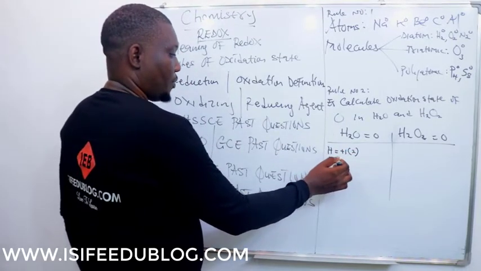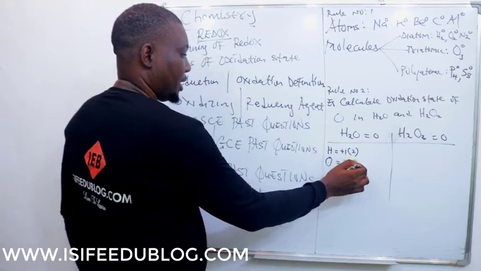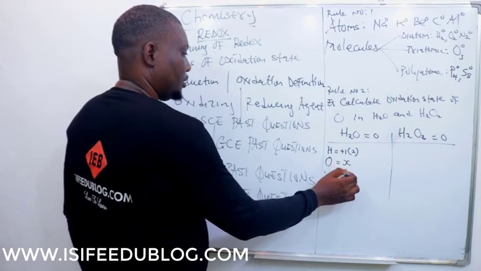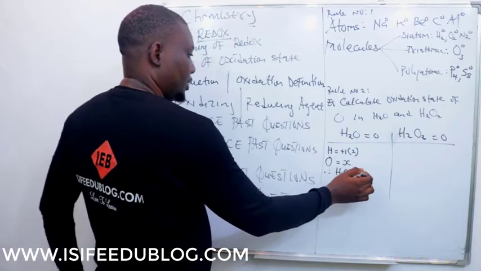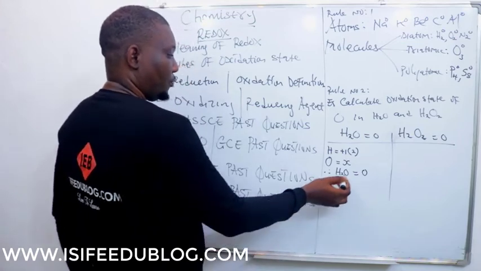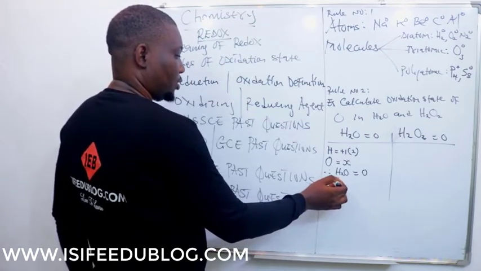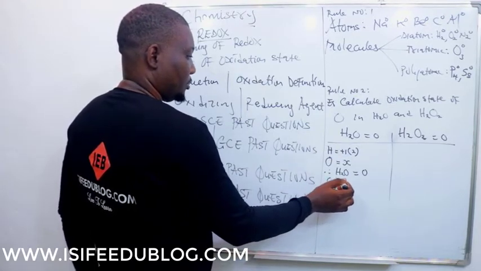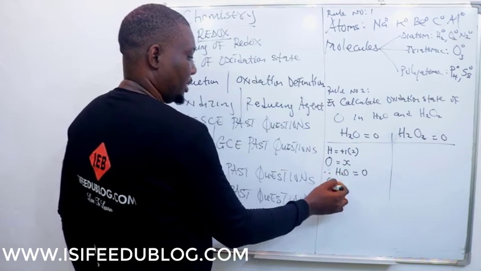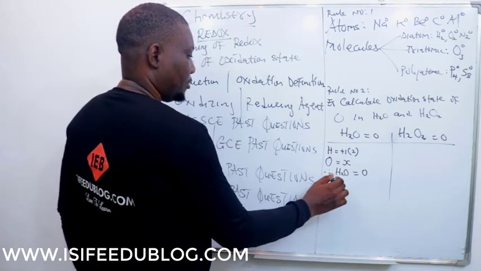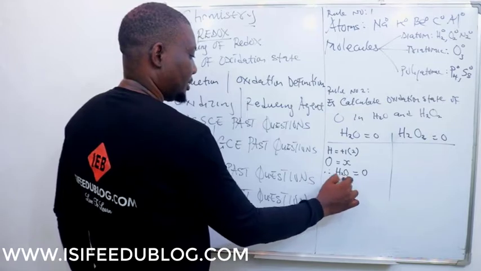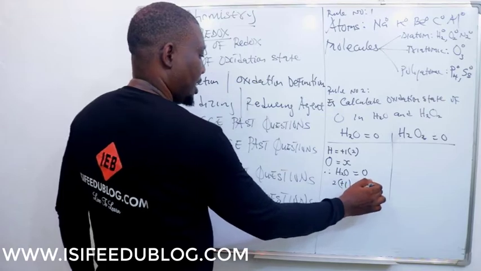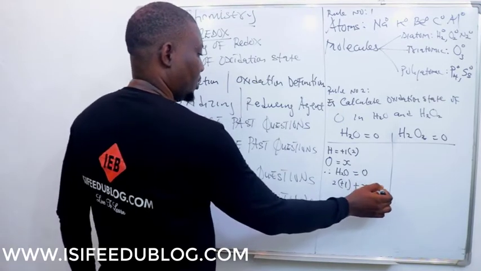The oxidation state of oxygen is the one we are looking for now, which we are going to take to be X. Therefore, the sum for H2O is equal to 0. So if you substitute, we have 2 atoms of hydrogen multiplied by its oxidation state, that is plus 1, so hydrogen multiplied by 2, plus X, that is oxygen, and everything should be equal to 0.